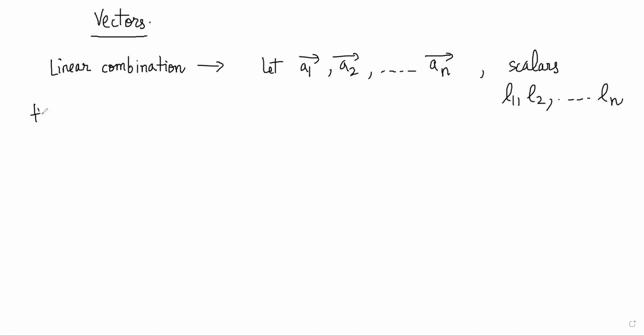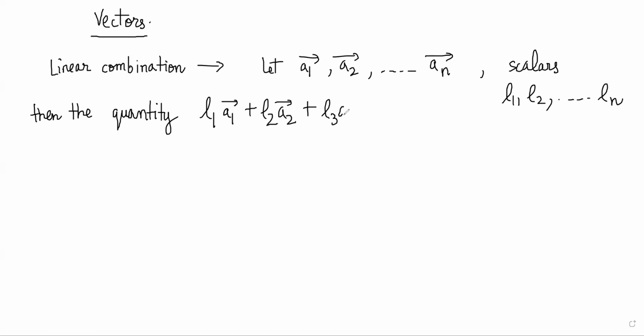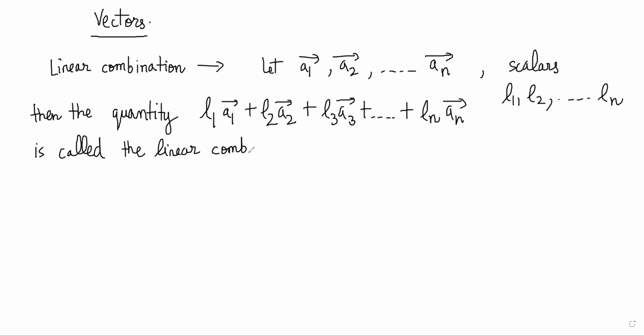Then the quantity L1 A1 plus L2 A2 plus L3 A3 and so on till Ln An is called the linear combination of these n vectors.